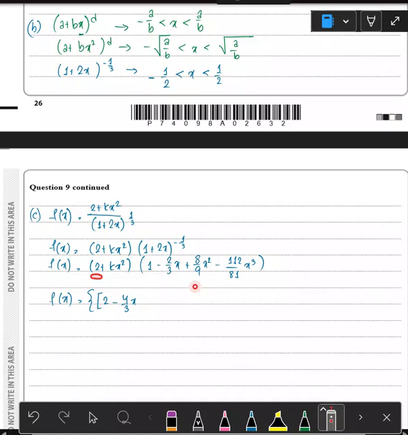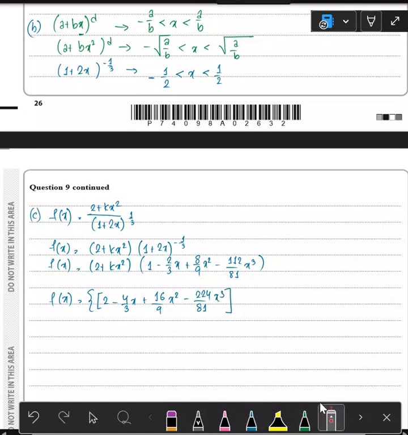Then 2 multiplied by 8 by 9x squared would be positive 16 by 9x squared. And then we will have 2 multiplied by negative 112 by 81 x cubed. So this will be negative 224 by 81 x cubed.